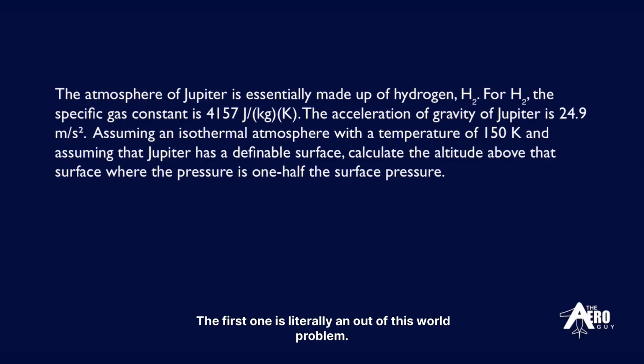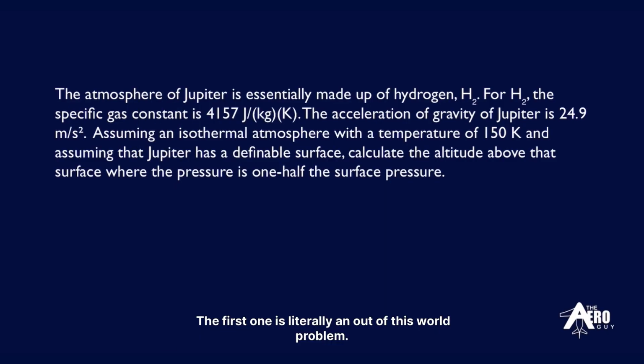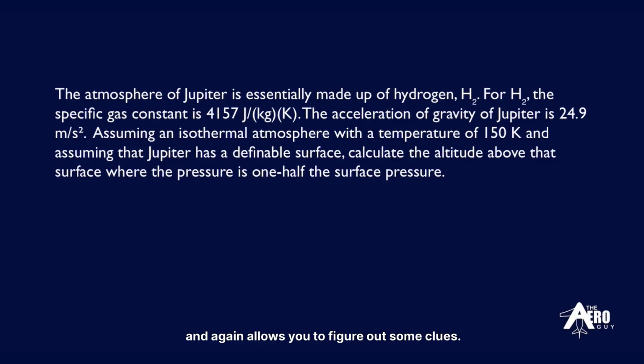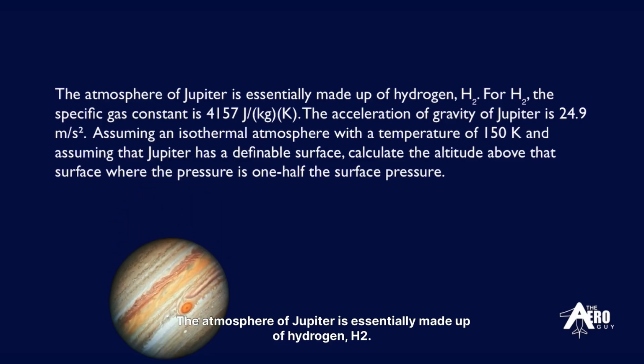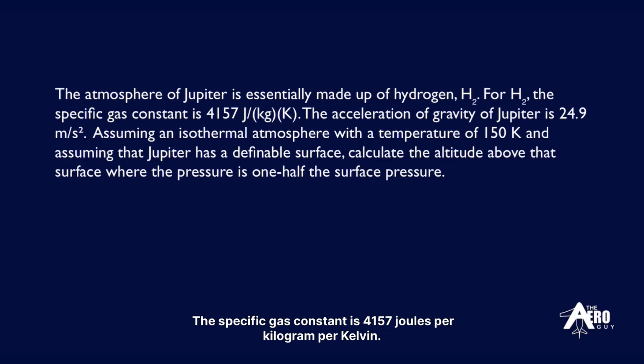The first one is literally an out of this world problem. Now, on the first approach, you might find this intimidating, but reading the problem again and again allows you to figure out some clues. The problem goes like this. The atmosphere of Jupiter is essentially made up of hydrogen, H2. For H2, the specific gas constant is 4157 joules per kilogram per Kelvin.